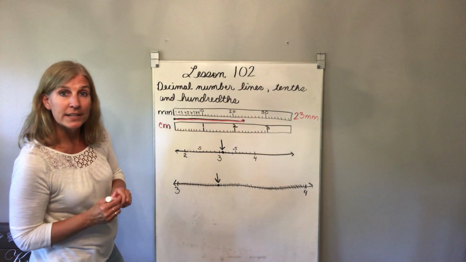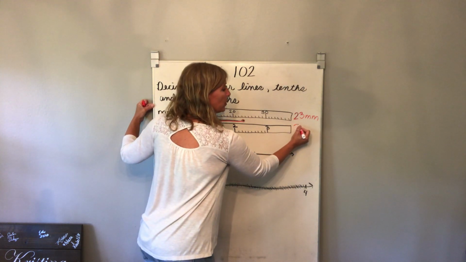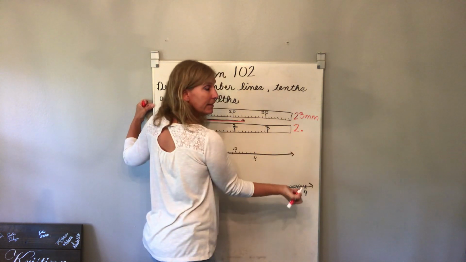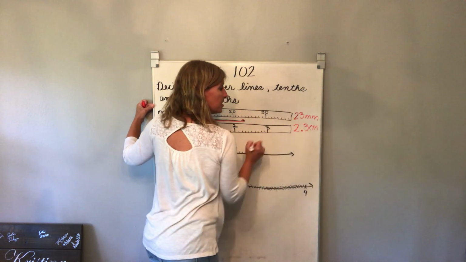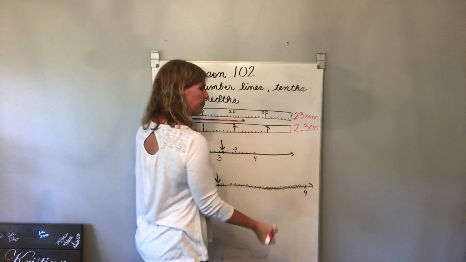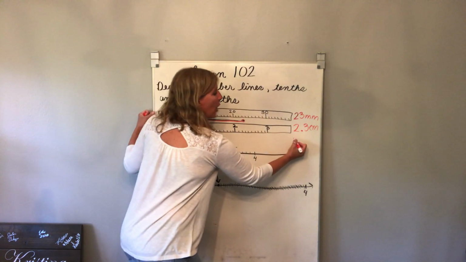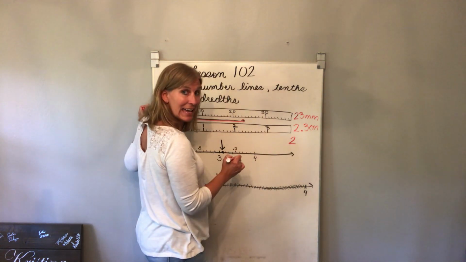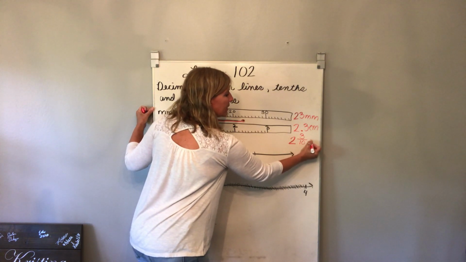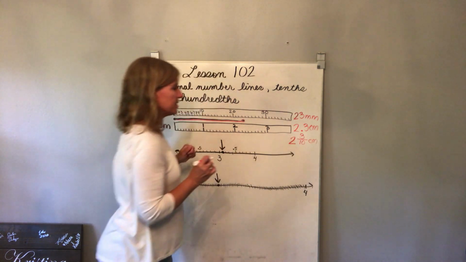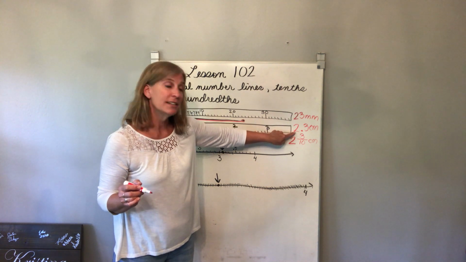Now there are 2 different ways to write that number. You may write it as a decimal, 2 and, there's your decimal, 3/10 centimeters, the lowercase c and lowercase m, or you can write it as a mixed number, 2 and 3/10 centimeters. 23 millimeters, 2 3/10 centimeters.